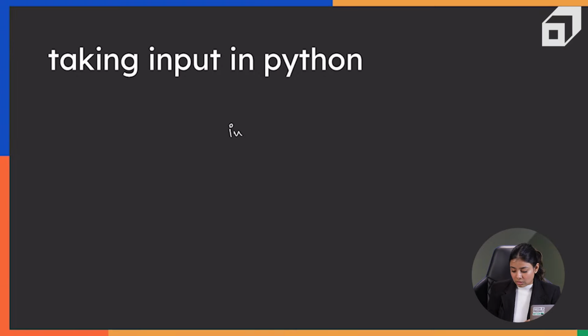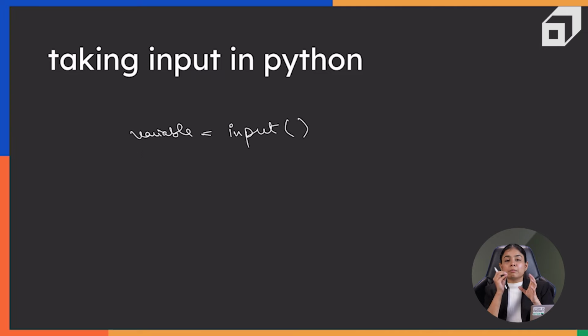For that, I use the input function in Python that takes the input from the user, and then I can store that into some variable name, whichever value is input by the user.